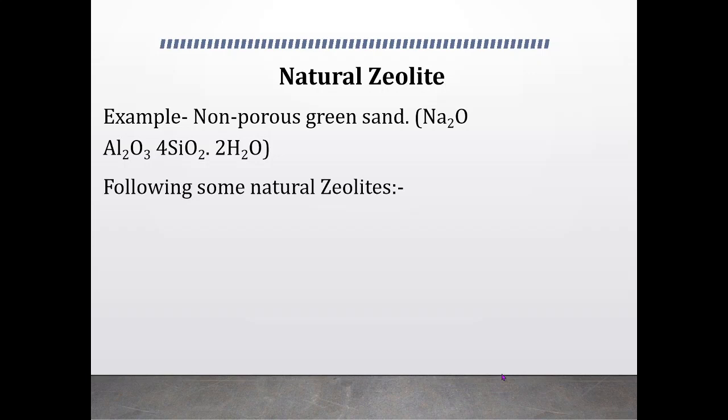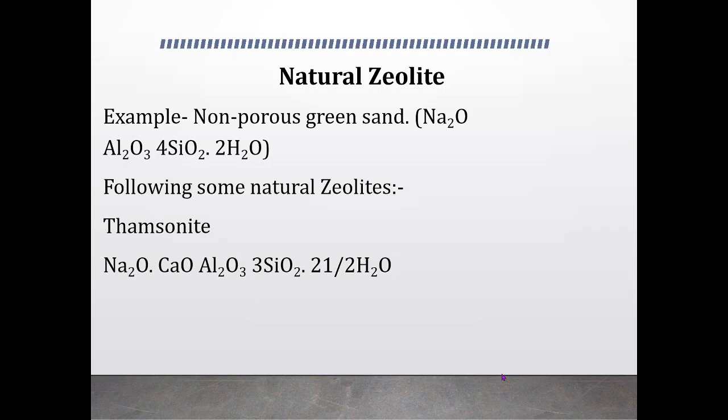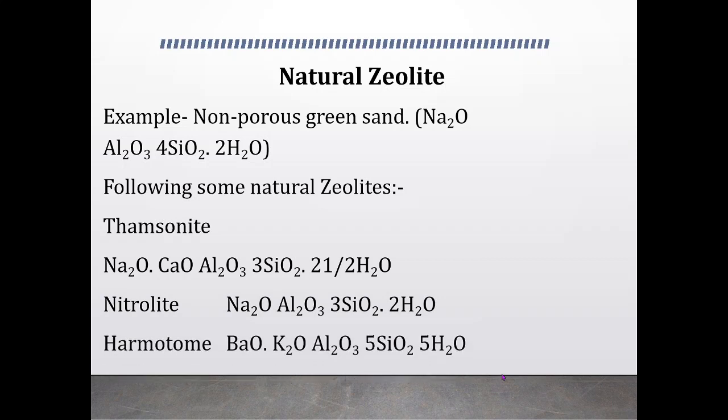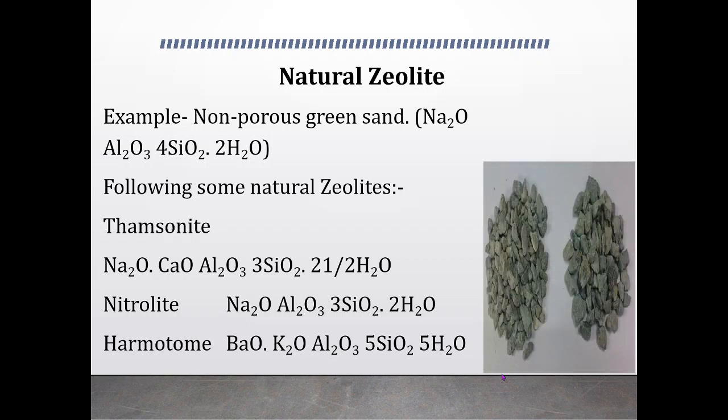Now there are some examples of natural zeolite: thomsonite is one example, natrolite is another example, and harmotome is another example. And natural zeolite is nothing but the non-porous green sand.